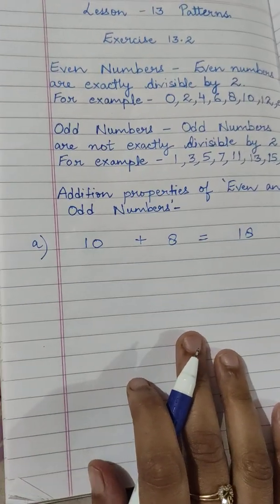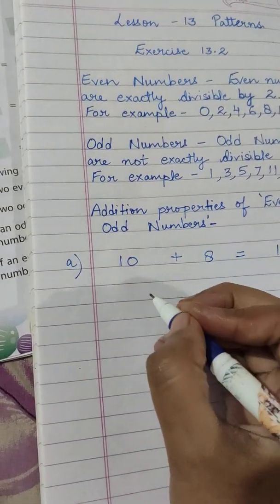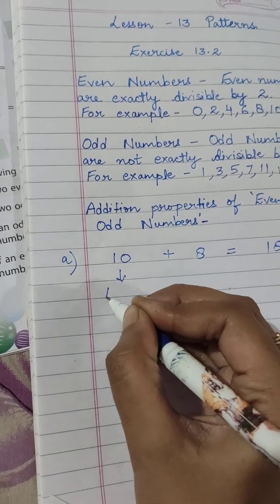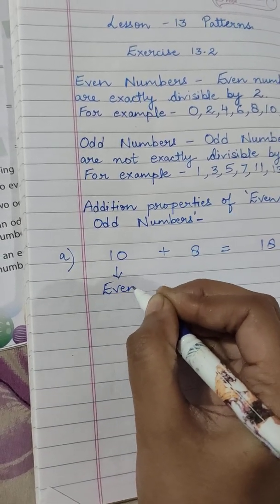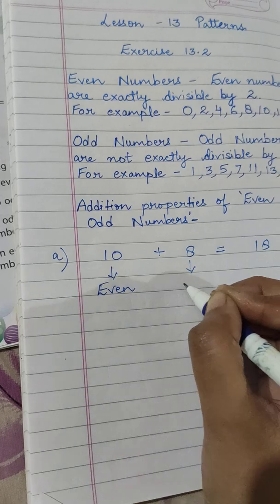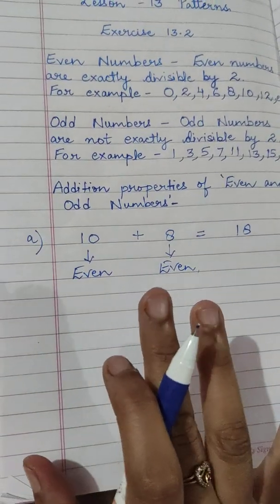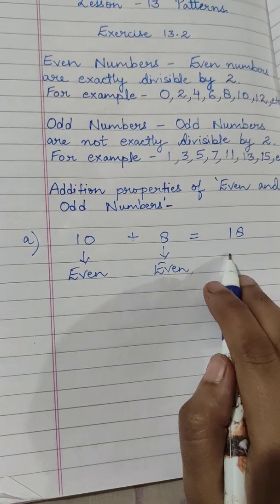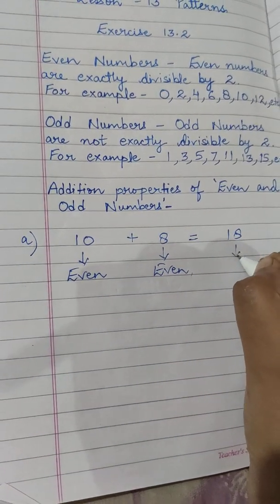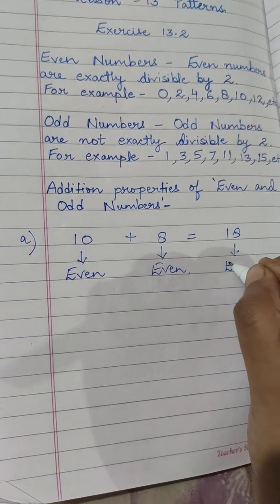Children, just now you saw 10 is an even number, 8 is also an even number, because both numbers come in the table of 2. And what we got? 18. 18 is also an even number.